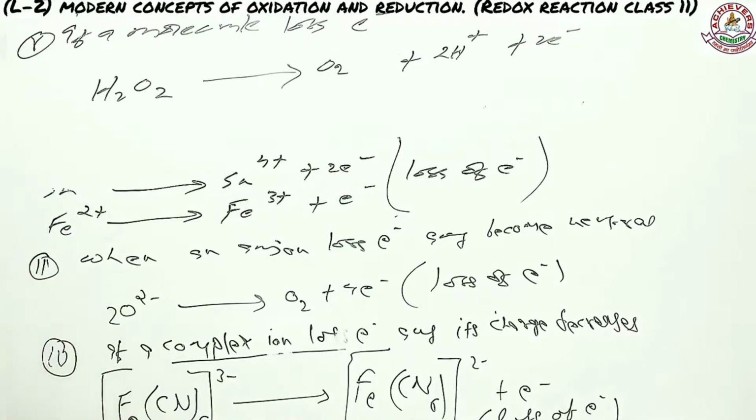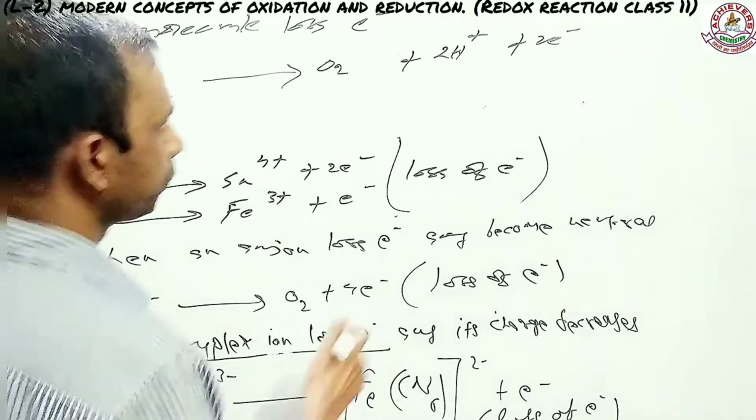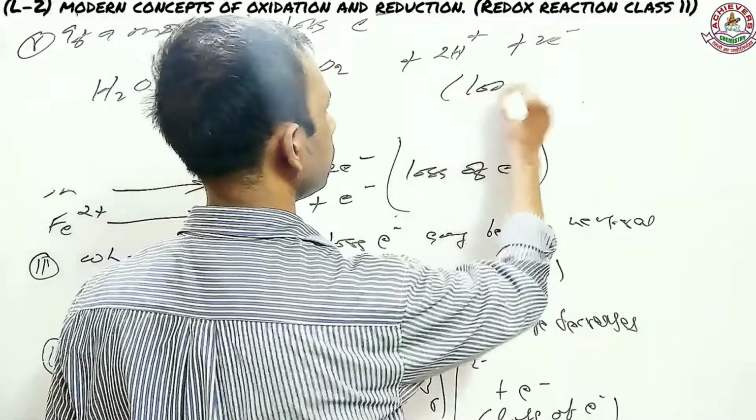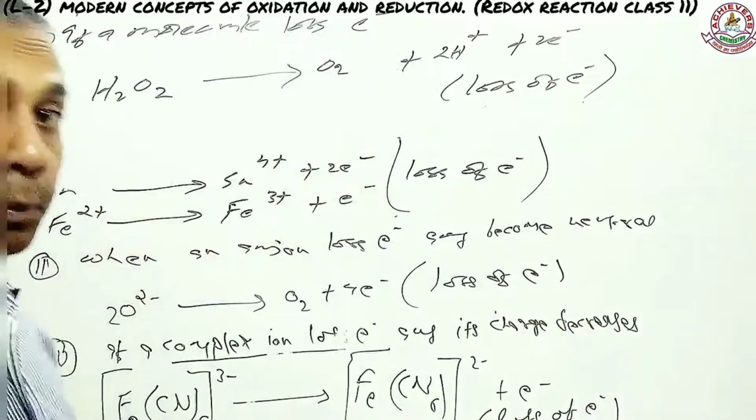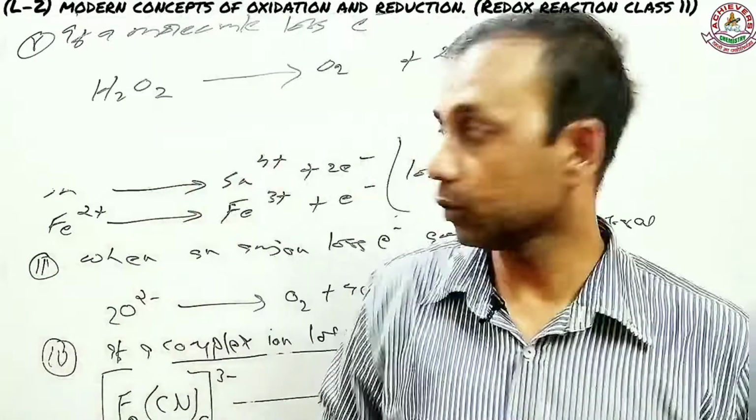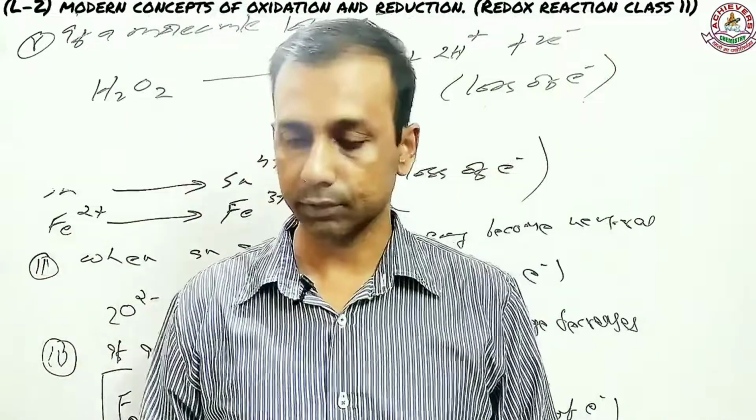When a molecule loses electron, this is also called oxidation. So these are the 5 ways you can define oxidation according to the modern concept. But what's common here again? Loss of electron. Let me repeat these 5 because next is going to be the opposite for the reduction.